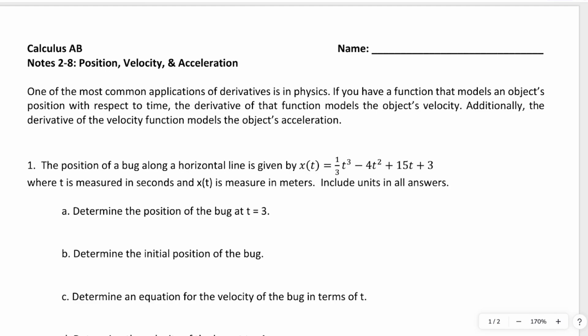So position is like a location, right? Like where are you, or where is an object? A velocity is kind of like speed in that it describes how fast you're moving, but also has a direction associated with it. So it's a vector instead of a scalar.